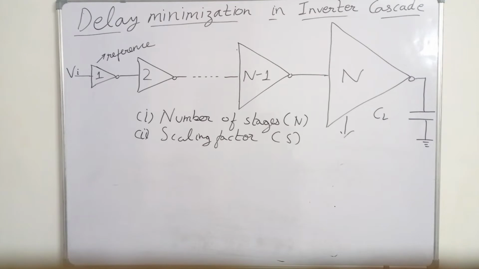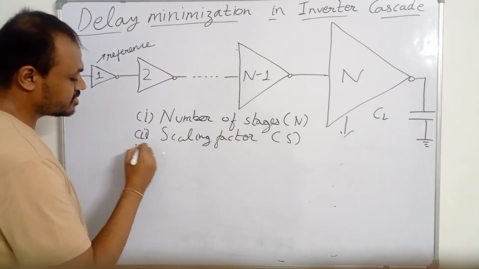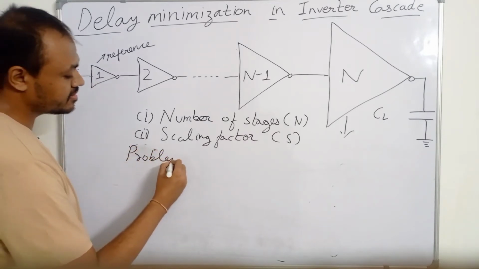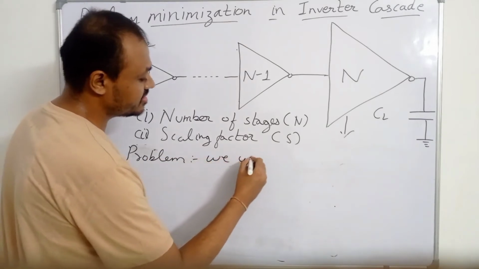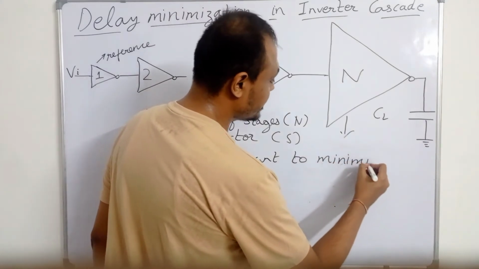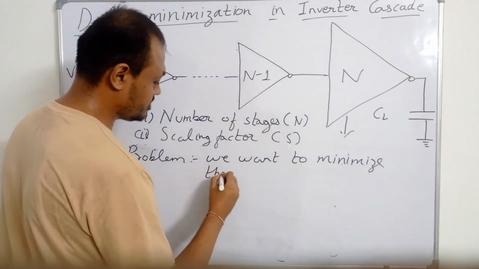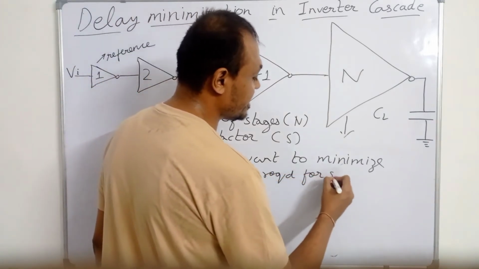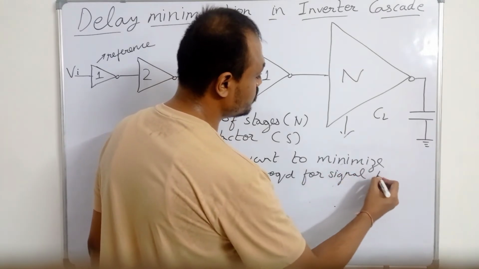What we want to find is the minimum time needed for this signal to reach the load capacitance CL. We want to minimize the time required for the signal to reach CL.